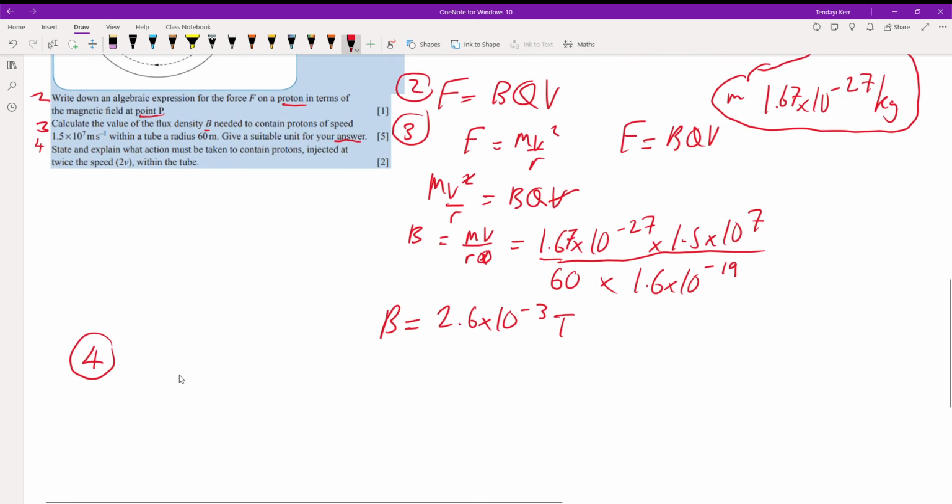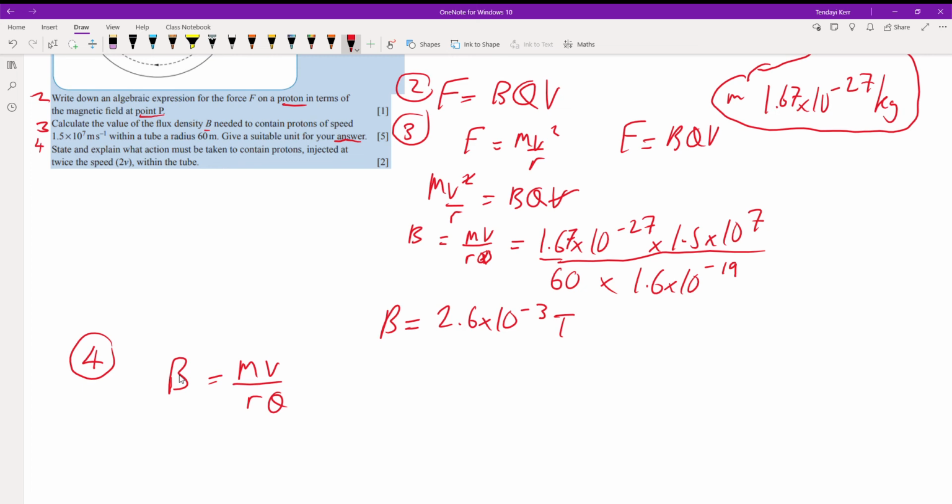Looking at the relationship between this and using what we've done so far, we know that B is equal to mv over rq, and we want to contain these protons.